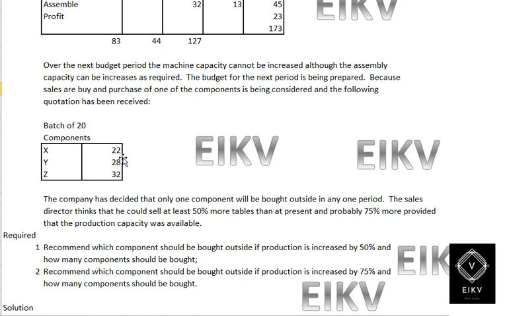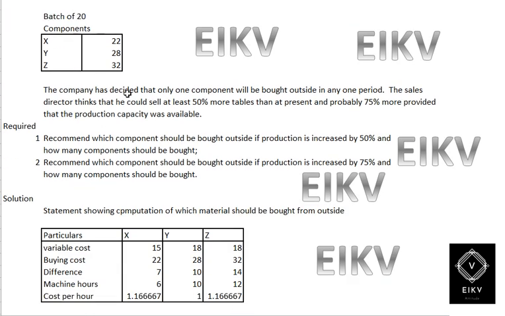Per batch of 20, components X, Y, Z: 22, 28 and 32. The company has decided that only one component will be bought outside in any one period.